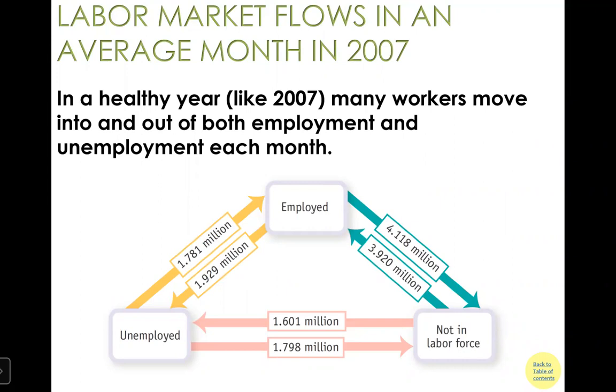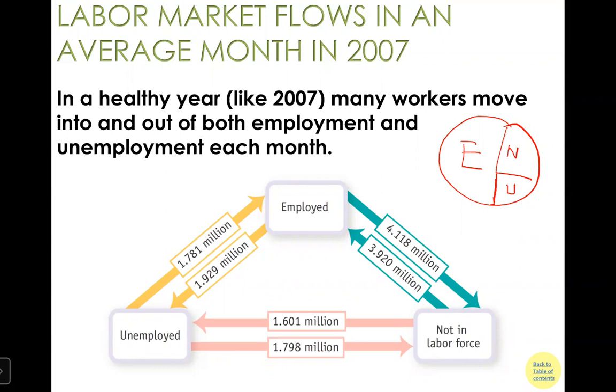Okay, so the starting point is, we have the circle representing the adult population. And then we categorize three groups. This is employed, this is unemployed, this is not in labor force, right? So that's for any adult population. You possibly stay in one of these three parts.